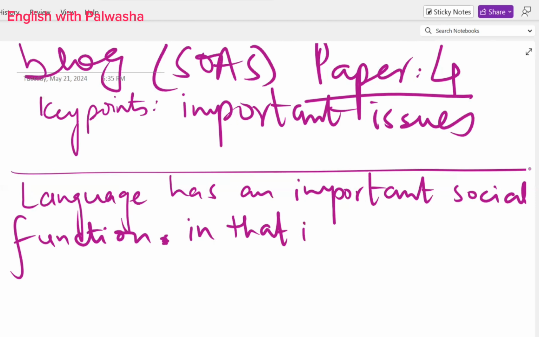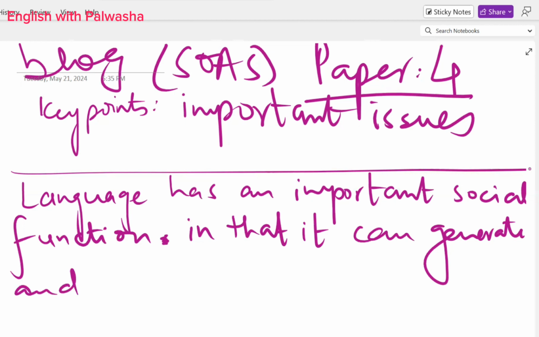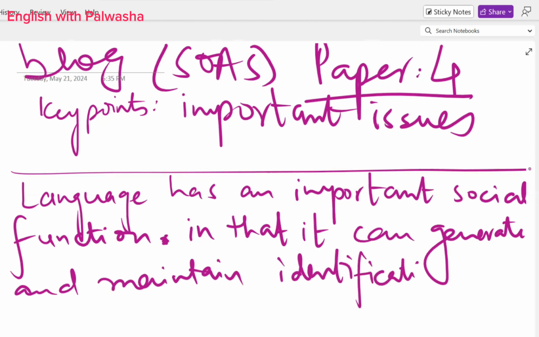In that it can generate and maintain identification of oneself and one's place within.